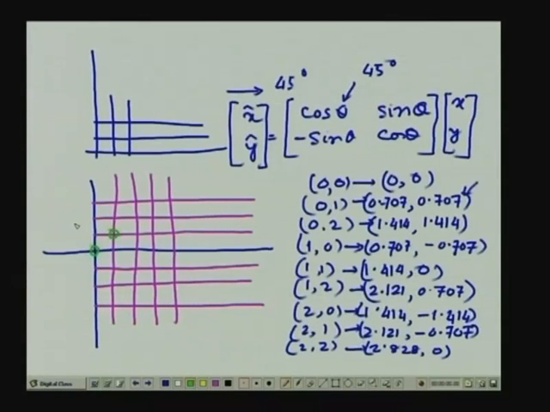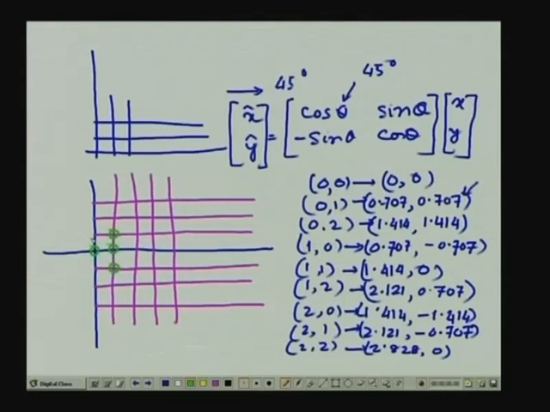Again, the nearest integer of 1.414 is 1, so this point 0 2 will also be mapped to location 1 1 in the transformed image. 1 0 in the same way will be mapped to location 1 minus 1, so 1 0 will be mapped to this particular point. 1 1 will be mapped to 1.414 and 0; here again by integer approximation, this point will be mapped to location 1 0 in the transformed image. So, I have a pixel in this particular location.